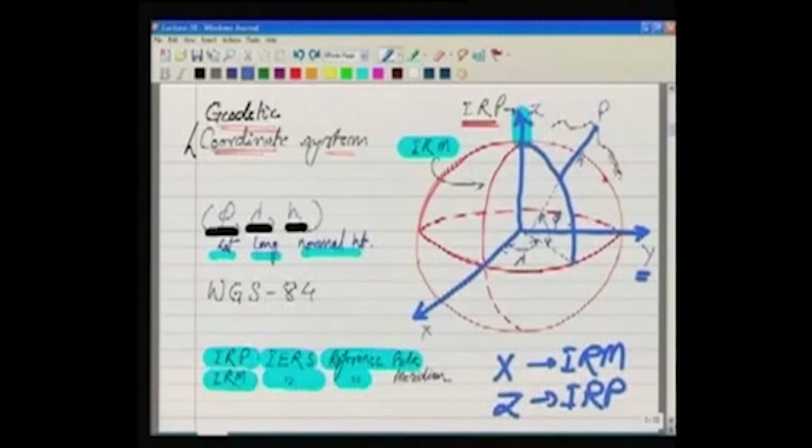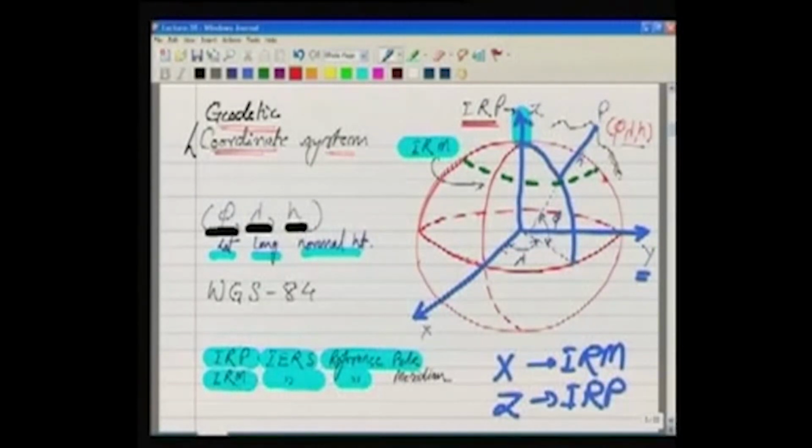At the same time, this particular point P, the foot of it, I can draw a latitude here. So this angle is the latitude. So the foot of the perpendicular is now defined in terms of phi, latitude, and lambda, longitude, and the coordinates of point P can be written as phi, lambda, and h.